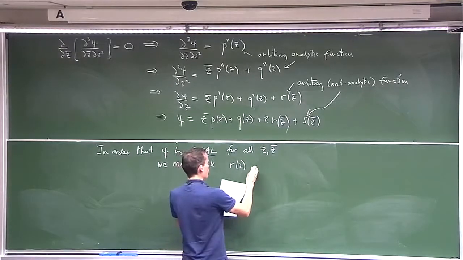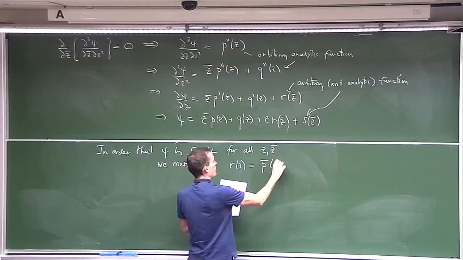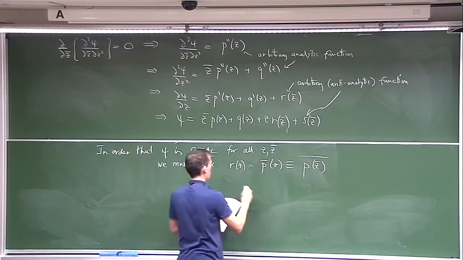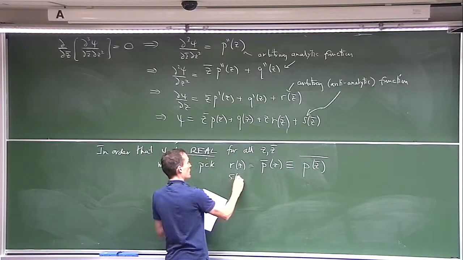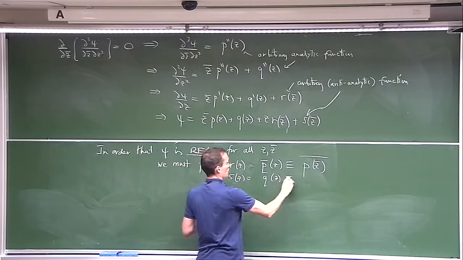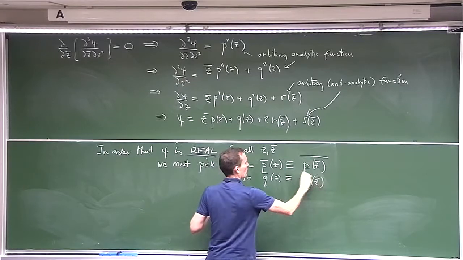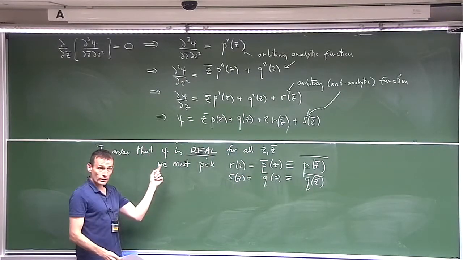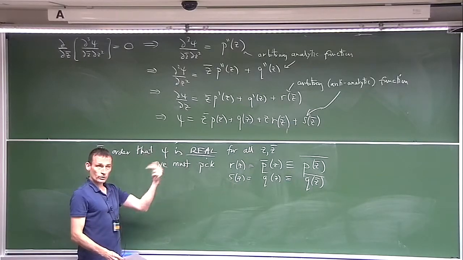R of z is p bar of z, which remember is defined to be p of z bar bar. This is the conjugate of p. And s of z must be q bar of z. This is the Schwarz conjugate. In other words, R has to be the Schwarz conjugate of P, S has to be the Schwarz conjugate of Q.